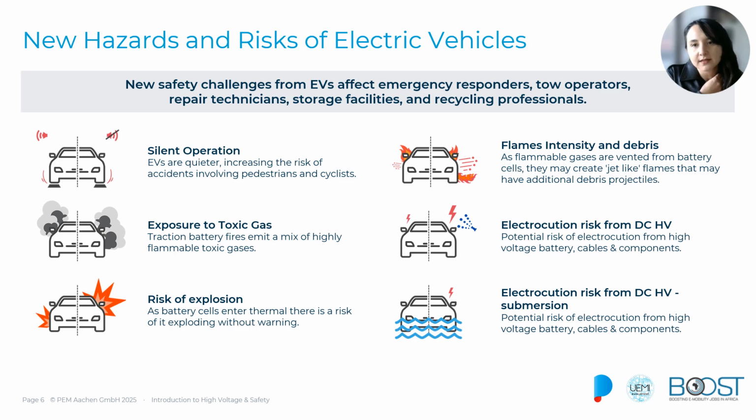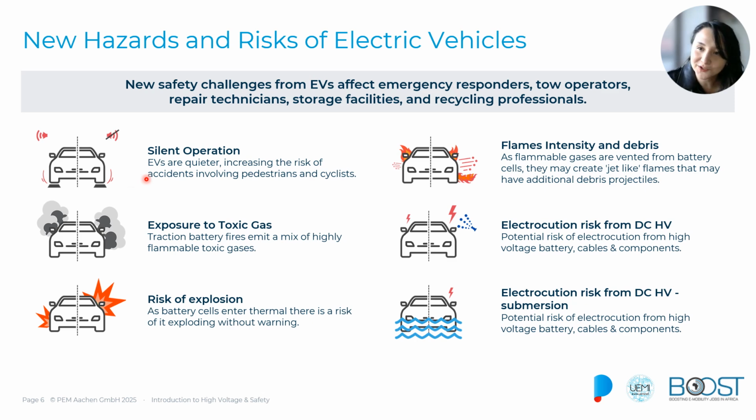Electric vehicles then represent a step forward in technology, but as you know, they introduce new safety challenges. In this slide, we are having a closer look at some of the unique hazards associated with EVs. First, although often overlooked, there is the risk of silent operation.